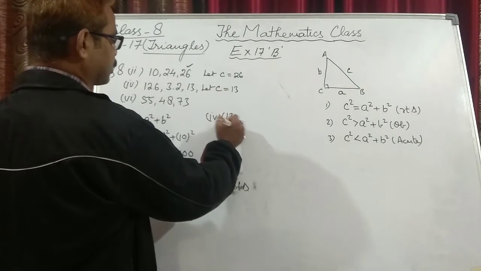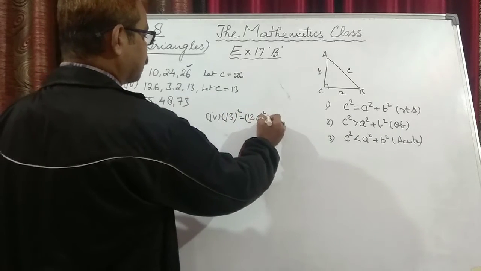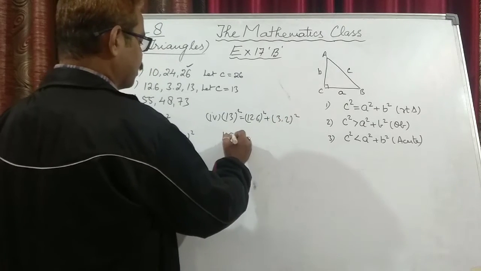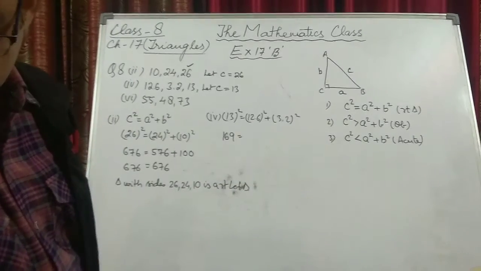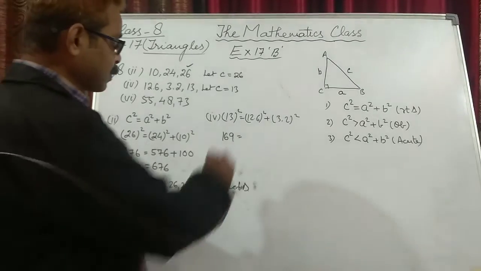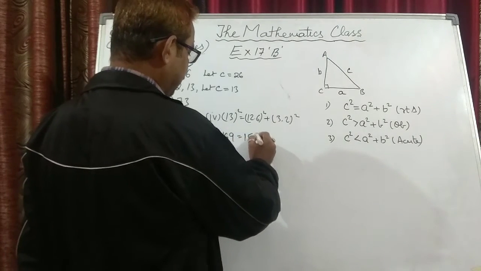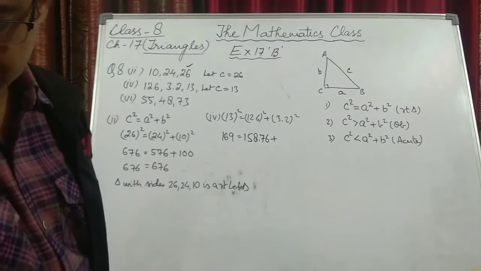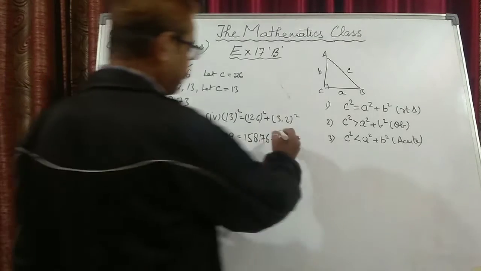So we will check whether 13 square is equal to 12.6 square plus 3.2 square or not. 13 square is 169, I think, and then 12.6 square will come as 158.76, and plus 3.2 into 3.2 is 10.24.